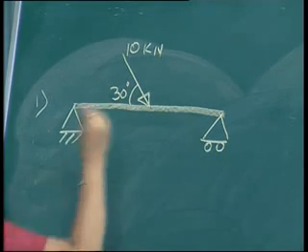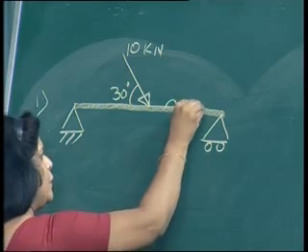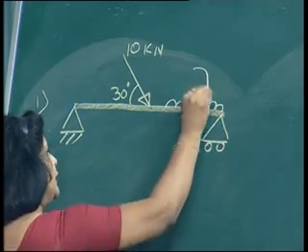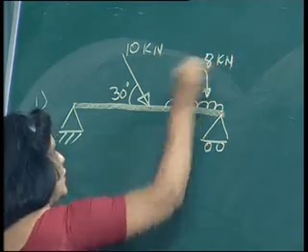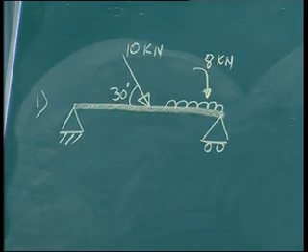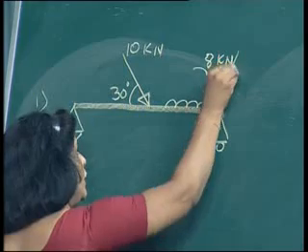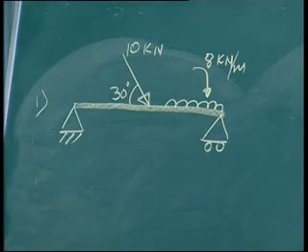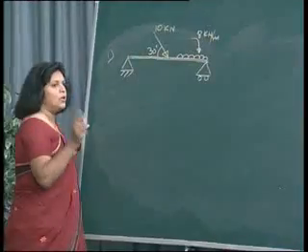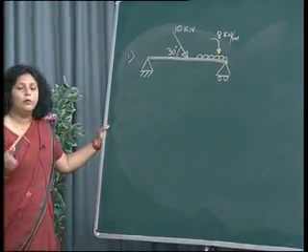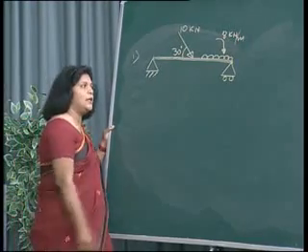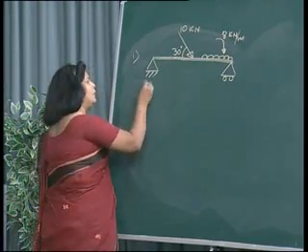It is also subjected to a uniformly distributed load of intensity 8 kilonewtons per meter. If you remember, a uniformly distributed load is always given in terms of intensity, kilonewtons per meter, because per unit length the load transferred is uniform or equal. That is why it is called a uniformly distributed load.